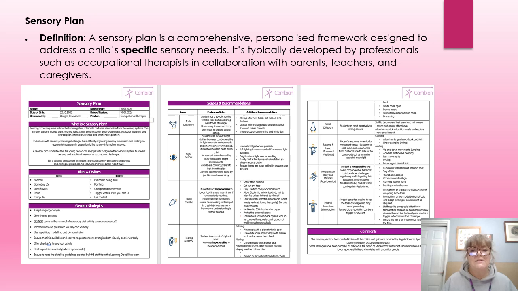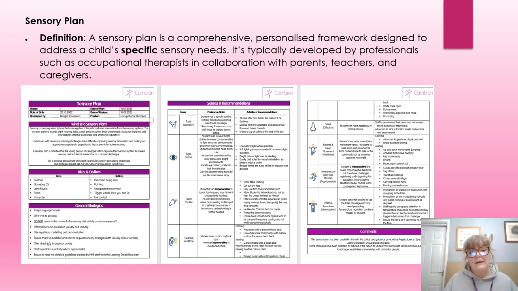So it's tailored to their unique sensory profile. So it might have the child's sensory needs, their sensory sensitivities, and their sensory seeking behaviours. So we look at scheduled activities which are integrated throughout the child's day or the young person's day.